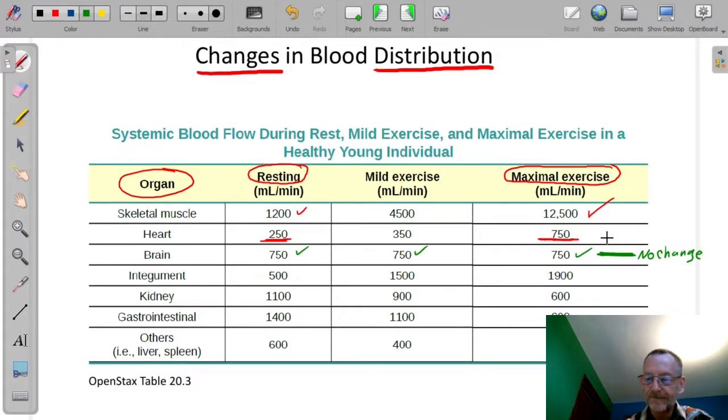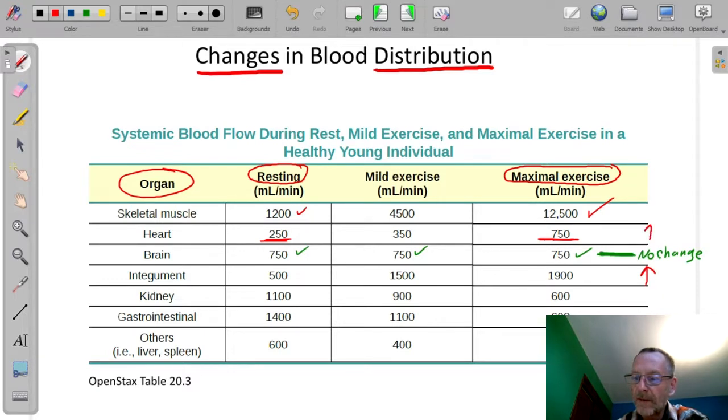That's the idea. The skin, this should make sense, goes from 500 to 19. So these are all increasing. So the kidneys, they go down. The gastrointestinal goes down. And the others are pretty much kind of ignore those.